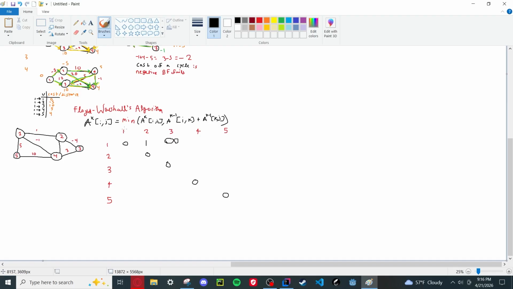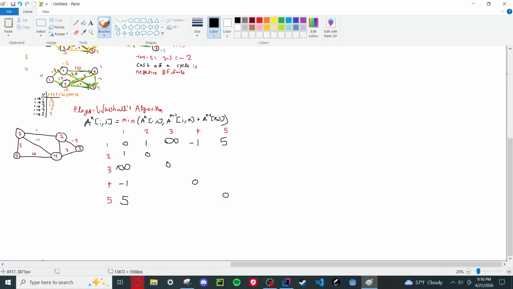In Floyd-Warshall, we'll put infinity instead. Don't put 0, you'll get it wrong. Put infinity, you don't know. 4 is negative 1, and 5 is 5. 2 is 1 then, and this will be infinity conversely. This will be negative 1, and this will be 5, because we're doing an undirected graph.